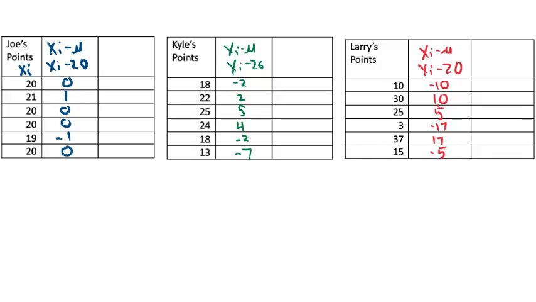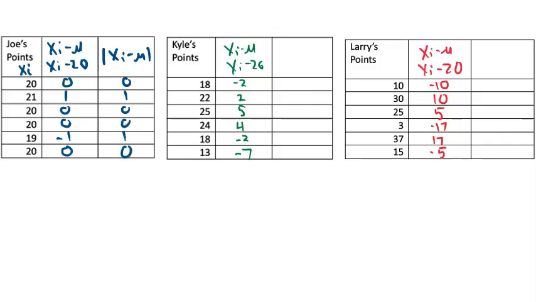So the next step we could do, and this is where the different types of measures of variability differ, but the easiest way is just to take the absolute value. Let's take the absolute value of xi minus mu, or each data point minus the average, and here we get 0, 1, 0, 0, 1, 0.